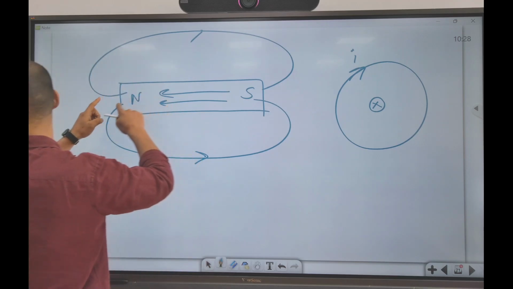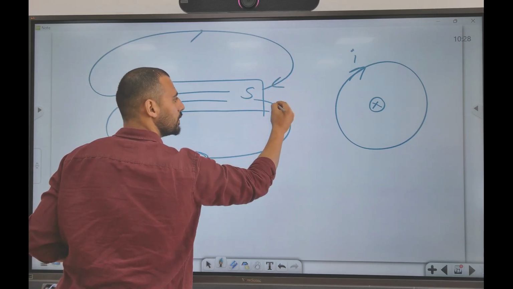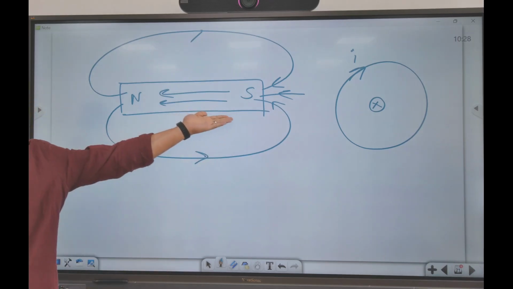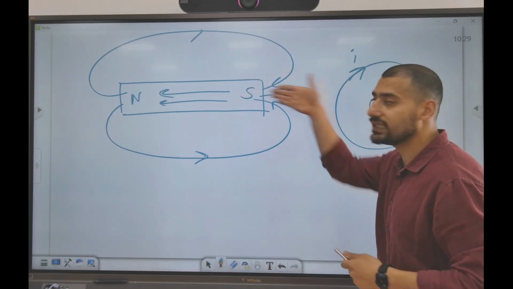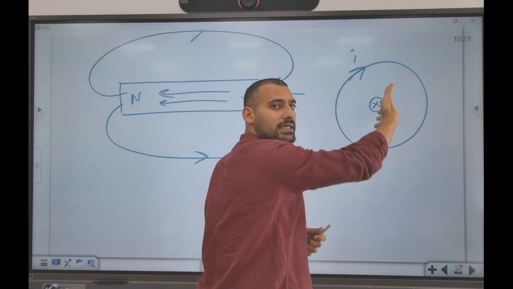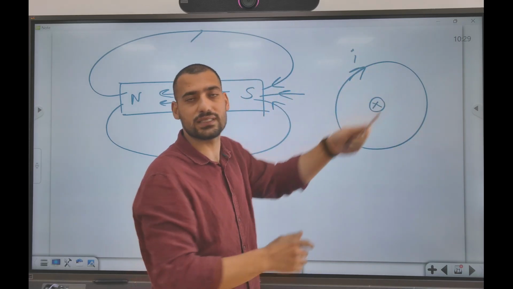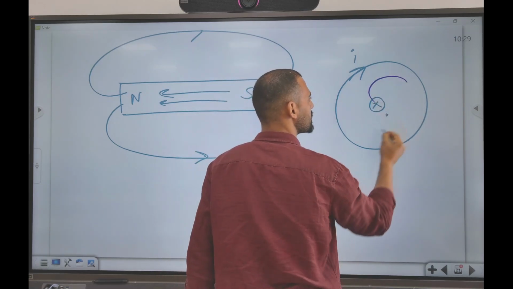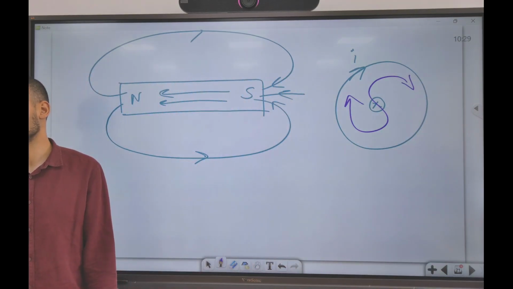Into which pole do the magnetic field lines terminate? They terminate at the south pole, right? So magnetic field lines enter the south pole, and here again the magnetic field line is entering. Therefore, when current flows in the clockwise direction, the loop behaves as the south pole. That is the reason that we have discussed.